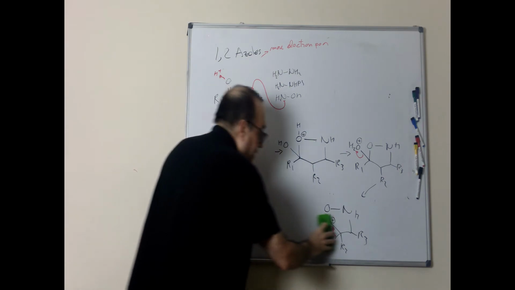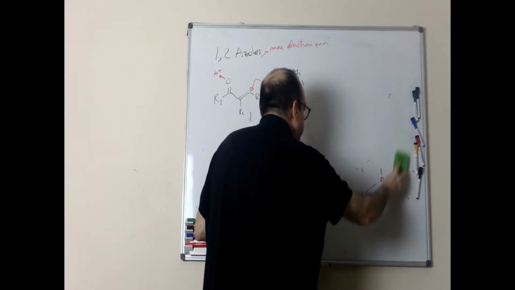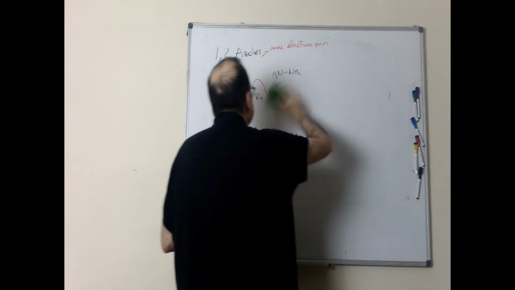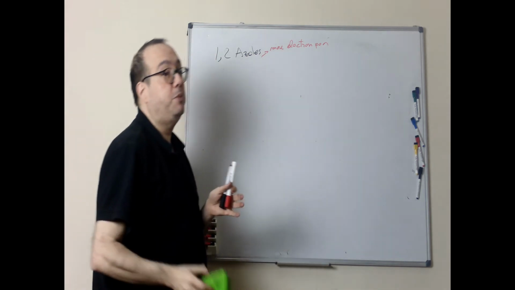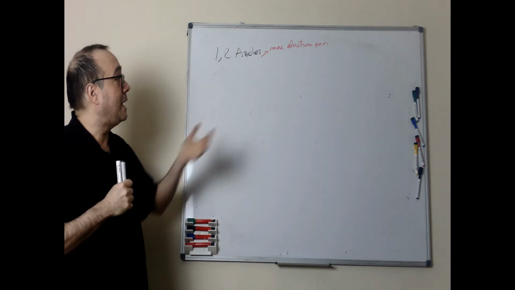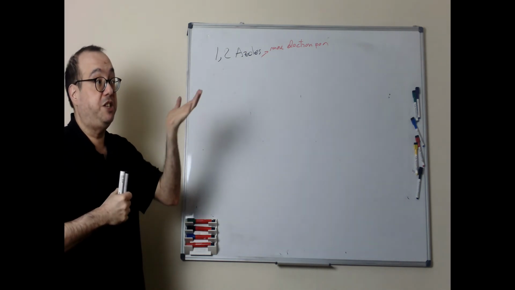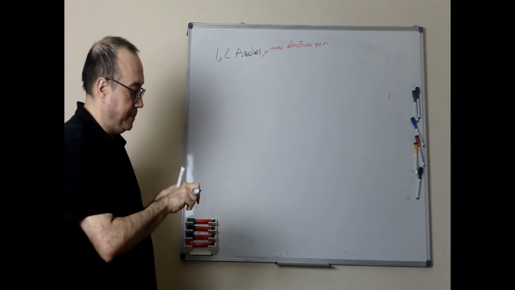Basically, these are the two syntheses of 1,2-diazoles that you need to know. Remember that in the case of 1,3-carbonyl compounds, it's crucial to determine which is the most active carbonyl group, that means which is the more electron poor carbonyl group.